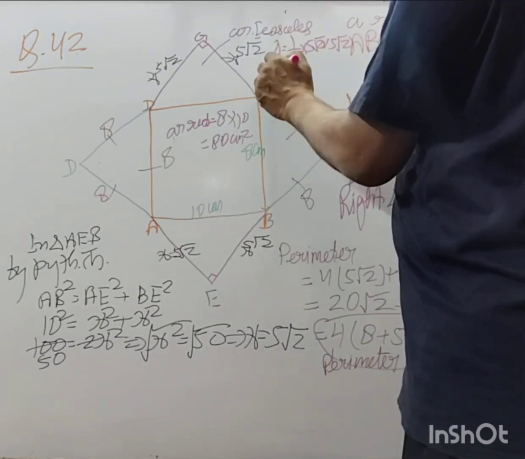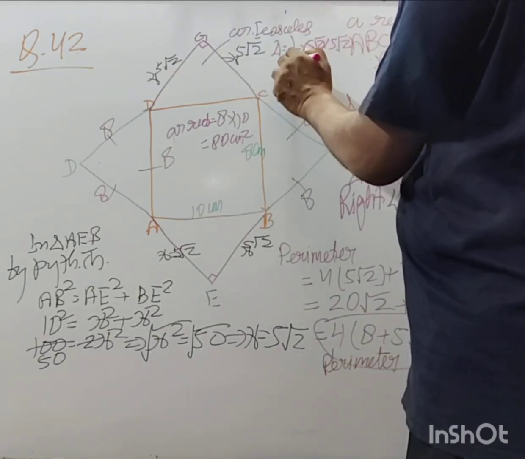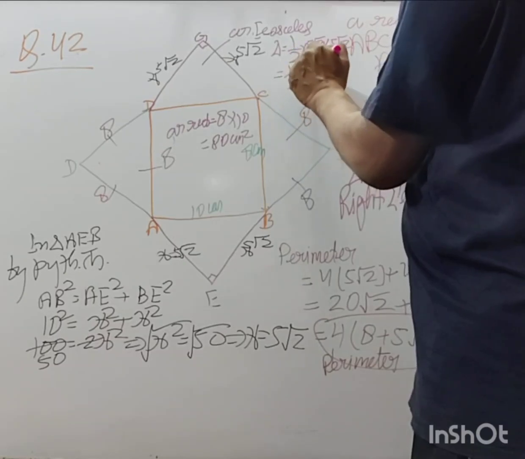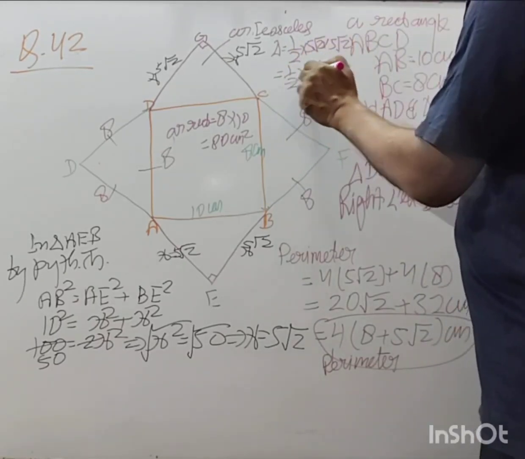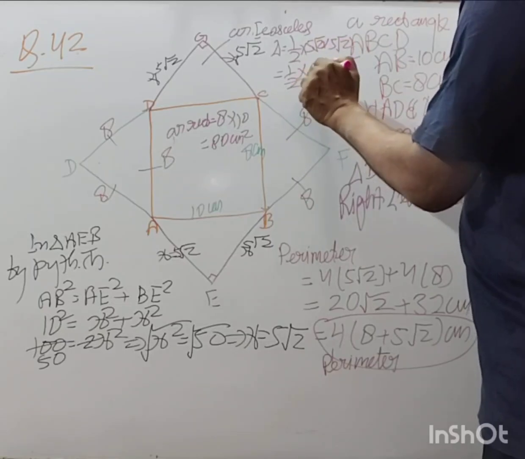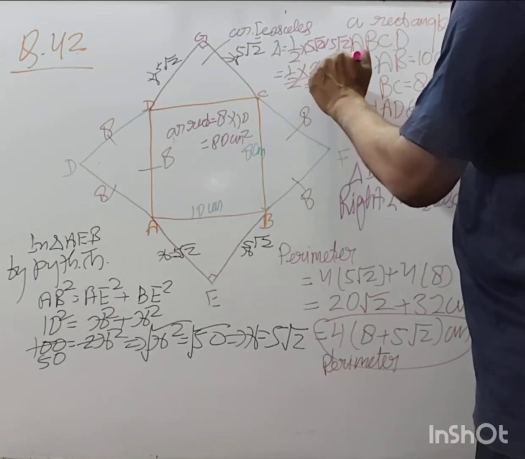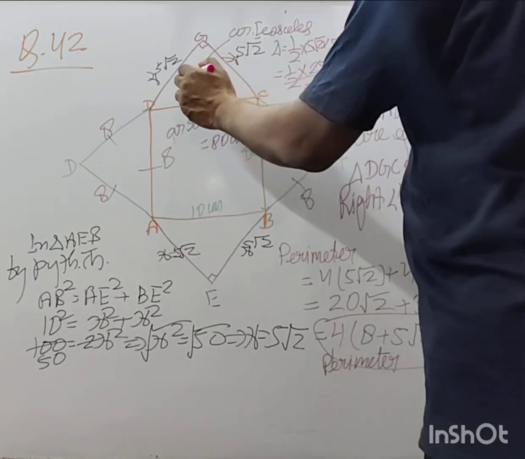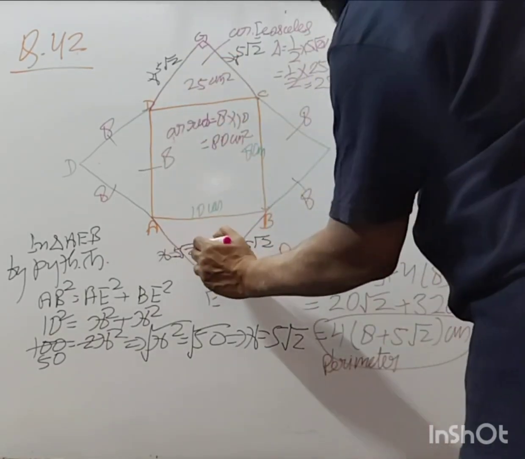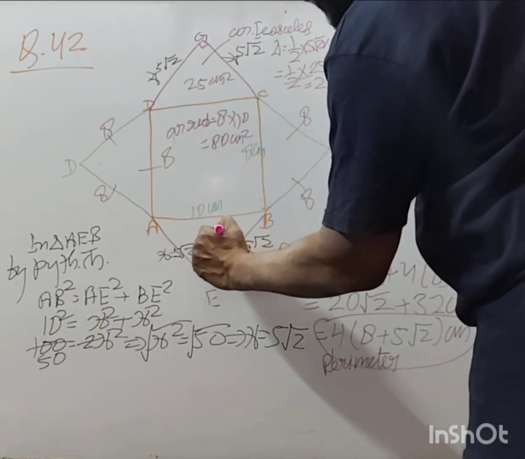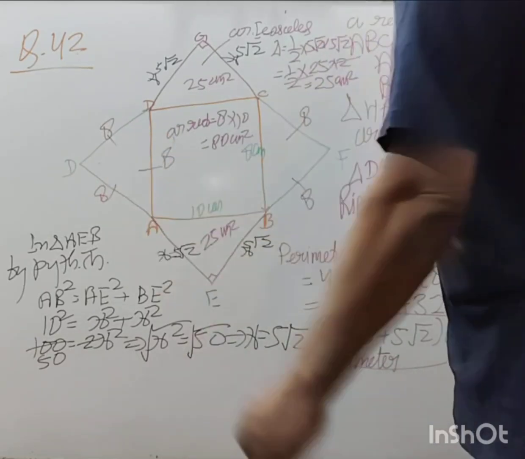So this is how much? 1 by 2 into 25 into 2, the 2s cancel, it becomes 25 centimeter square. So this is 25 centimeter square. Similarly, this will also be 25 centimeter square.